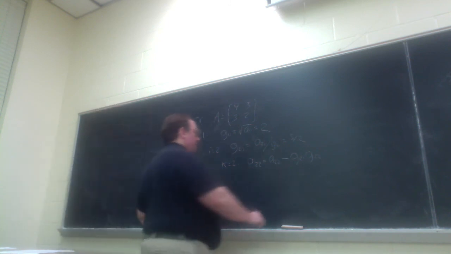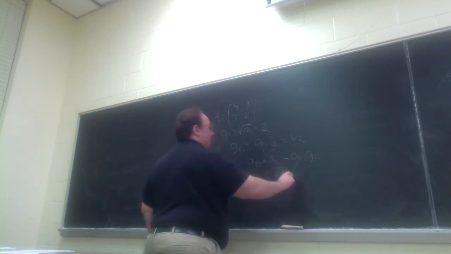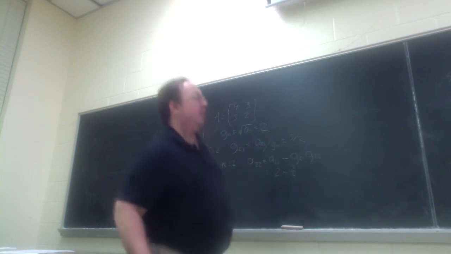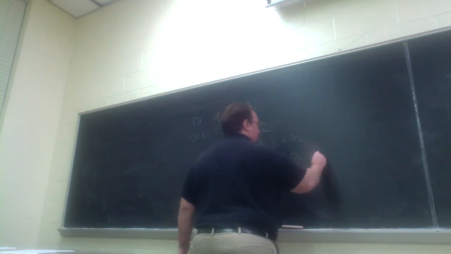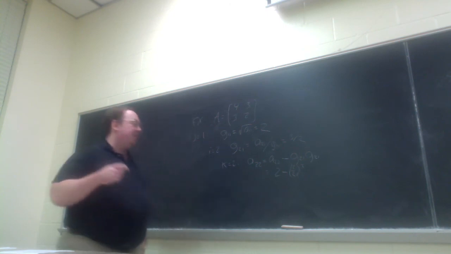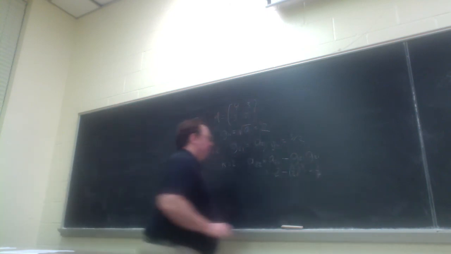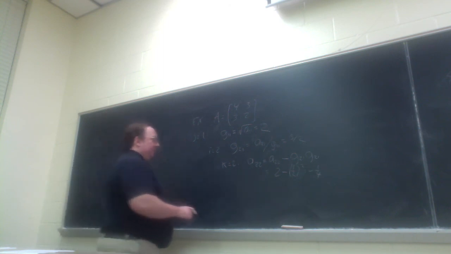So a22 is 2 minus G21, which is 3 halves, times, oh wait, that's not right, it would be G21 again. Yes, G21 squared. So 2 minus 9/4, so minus 1/4. And that already spells trouble.